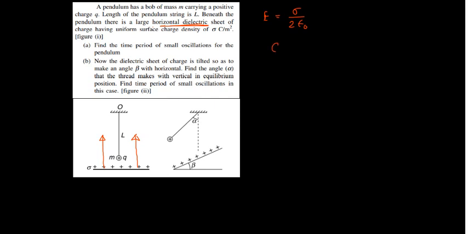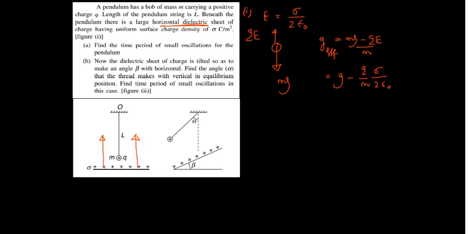In the first case I am discussing, downward force is mg, upward force is basically qE. All right, so in this case g effective will be equal to (mg minus qE) divided by m, total force by mass, so g minus q by m times E. E I already told you, sigma by 2 epsilon naught.